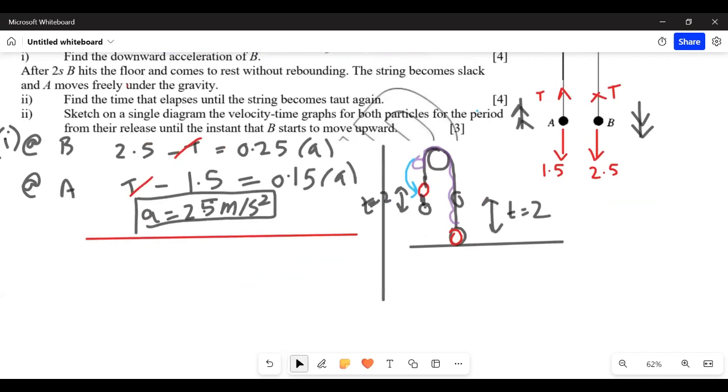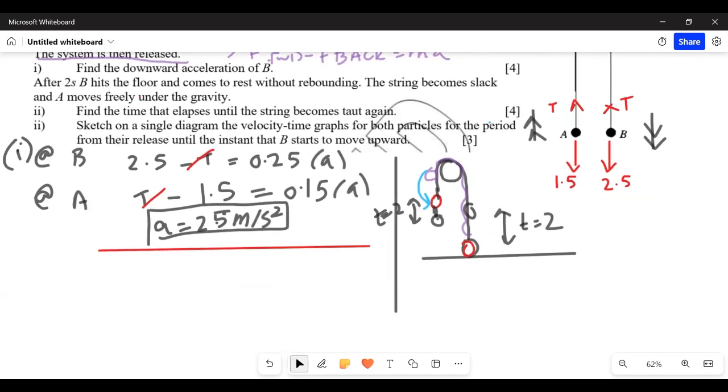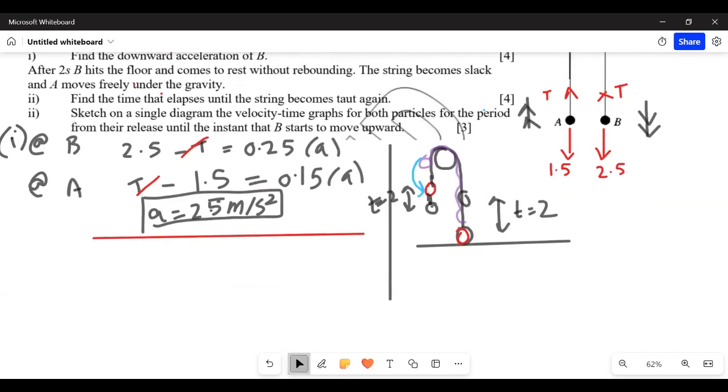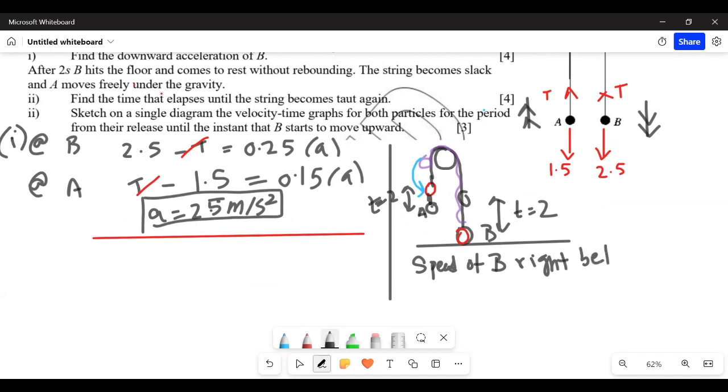So this is particle B. That's A here and that's B. So the first thing I need is the speed or velocity of B right before it hits the ground.